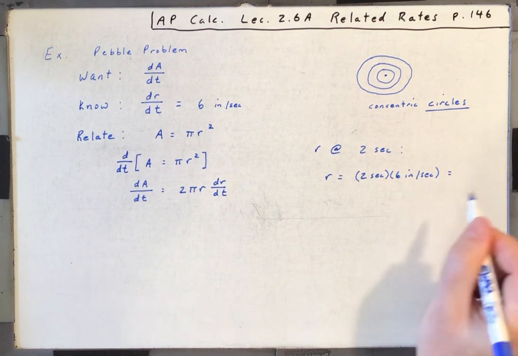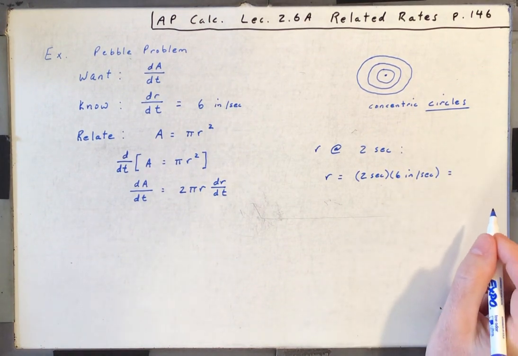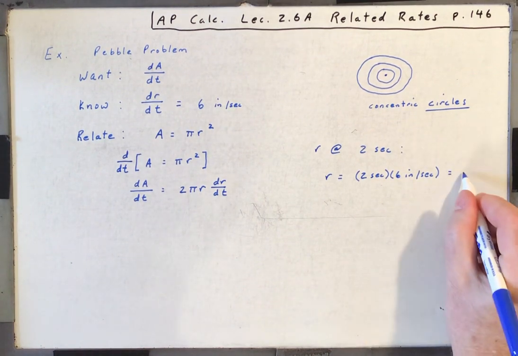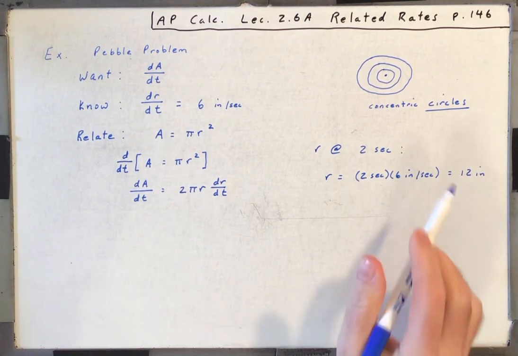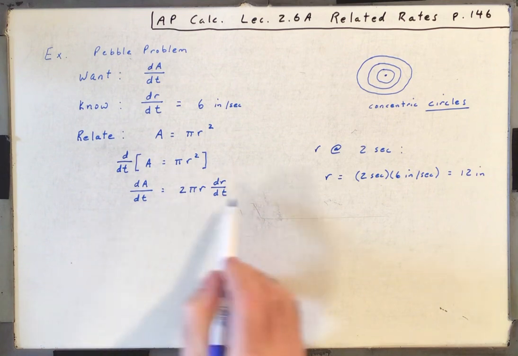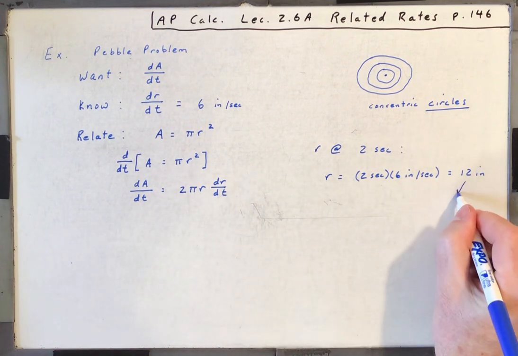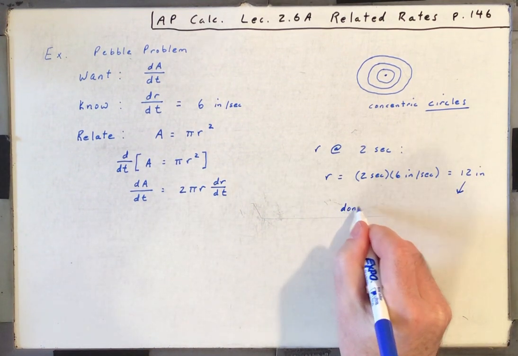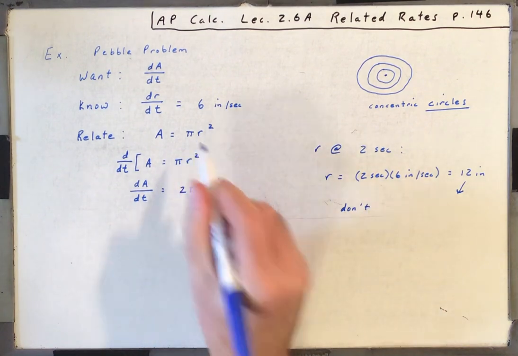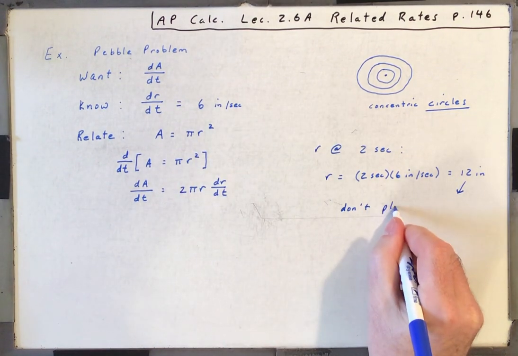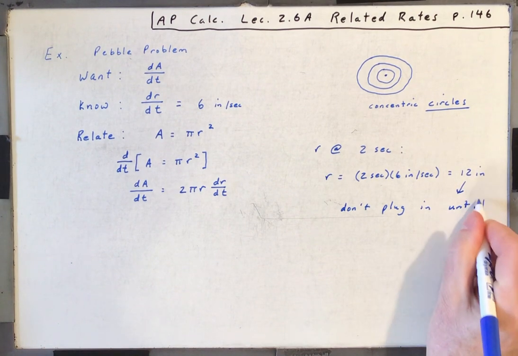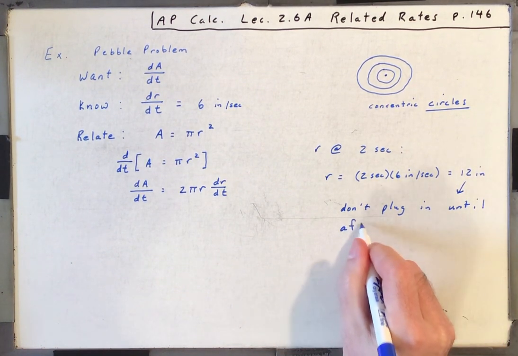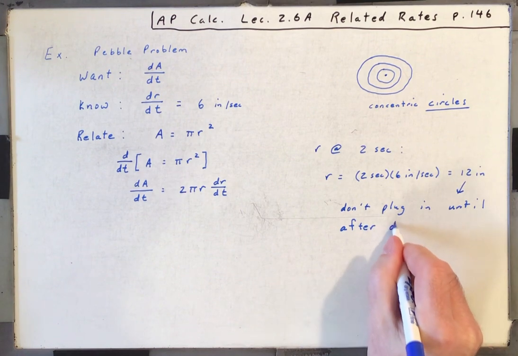So what's the radius after 2 seconds? It's going to be 12 inches. Now we don't plug that in until after. We don't want to put that up here. Don't plug in until after differentiating.